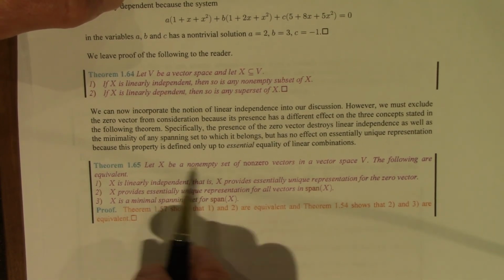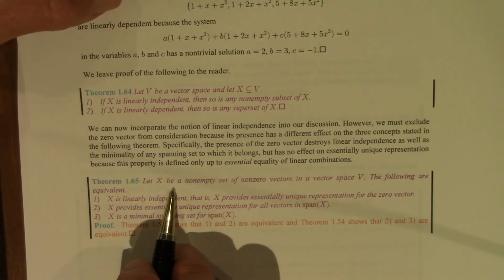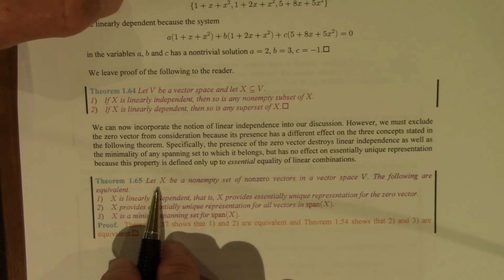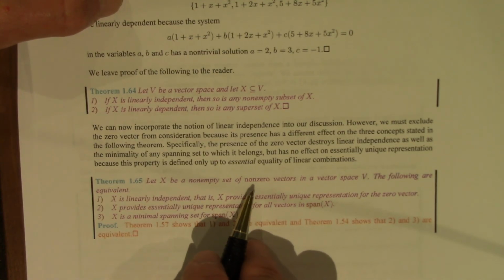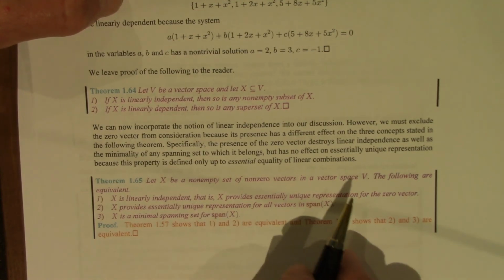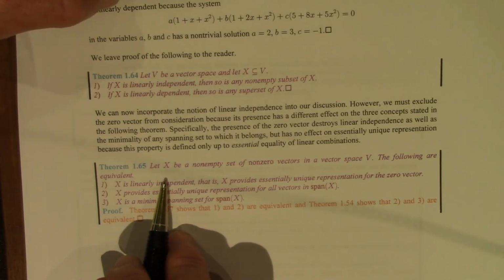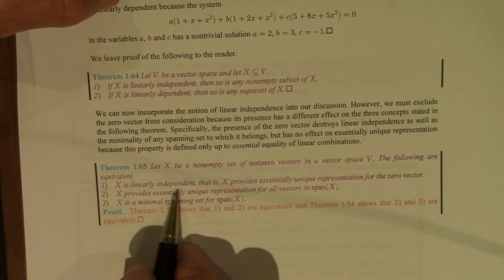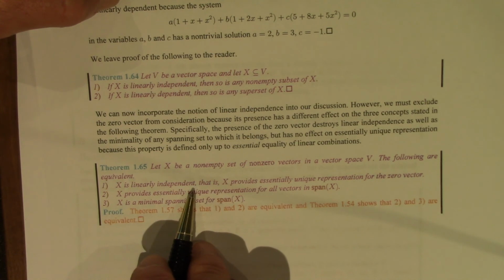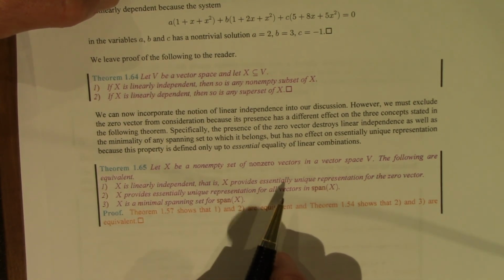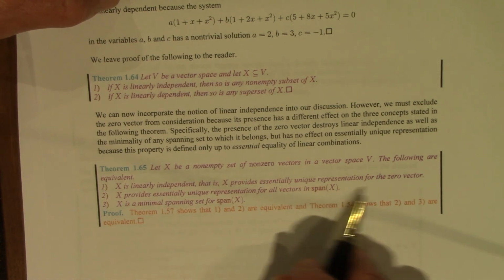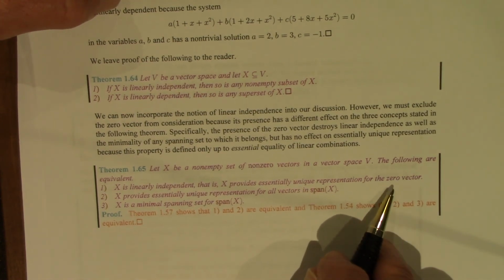So here's the statement of the theorem, and I had to say let X be a non-empty set of non-zero vectors, specifically non-zero vectors in a vector space. Then the following are equivalent. X is linearly independent, and so provides essentially unique representation for the zero vector.